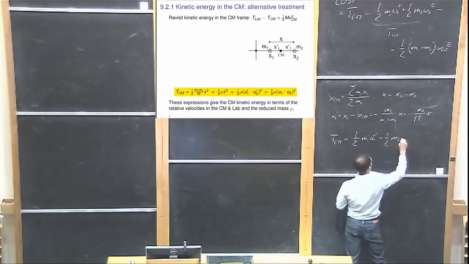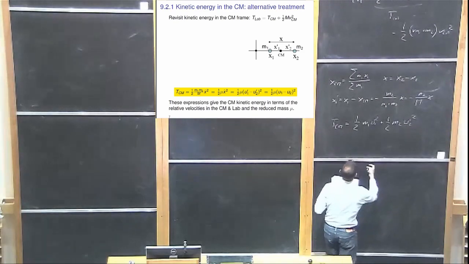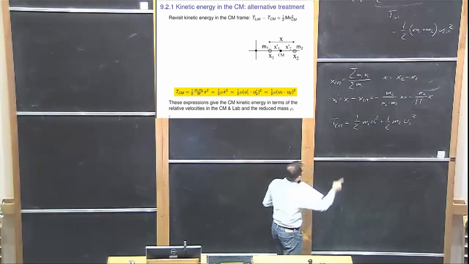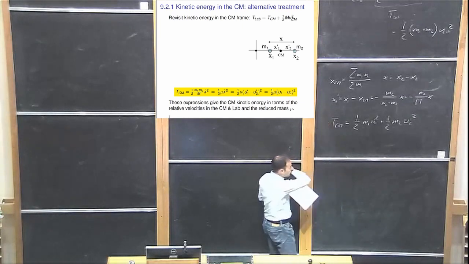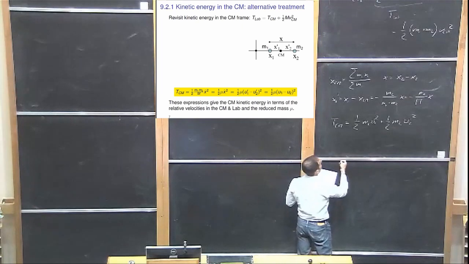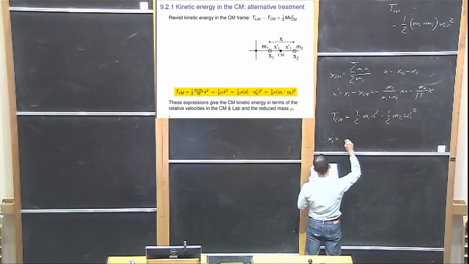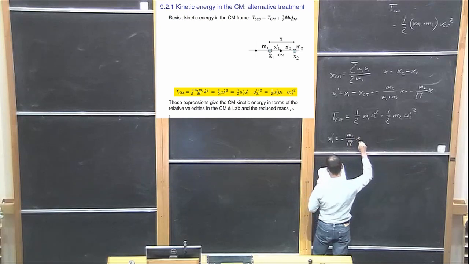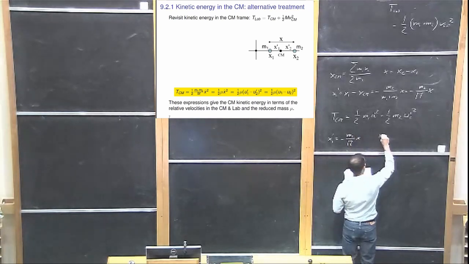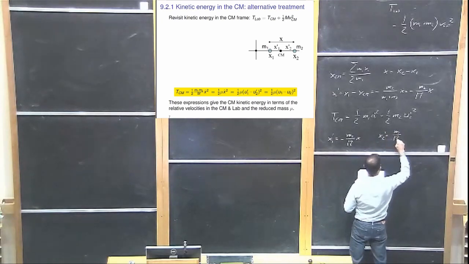I'll rewrite that quickly: x1 prime equals minus m2 over M x, and x2 prime equals m1 over M x.